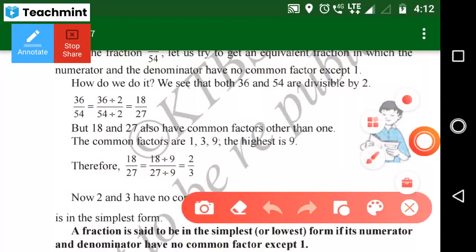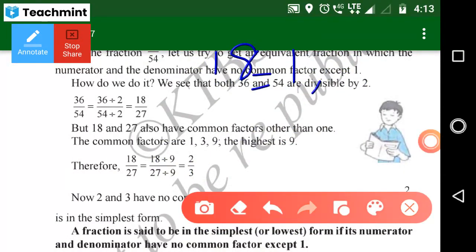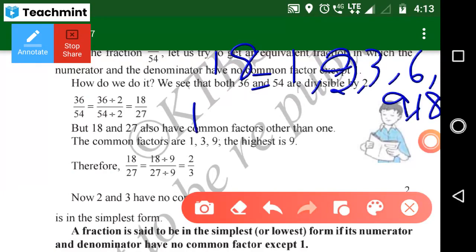You know how you have to find out the HCF? You just write down the factors. So 1 table, 2 table, 3 table, then 3 is the factor, then 6 is the factor, then 9 is the factor. Isn't it? 18. And 27 means 1, 3, 9, 27.